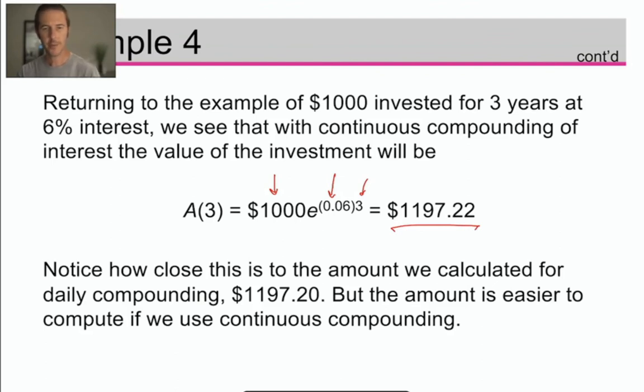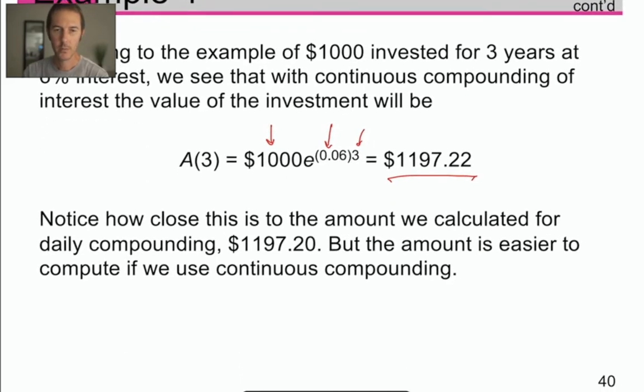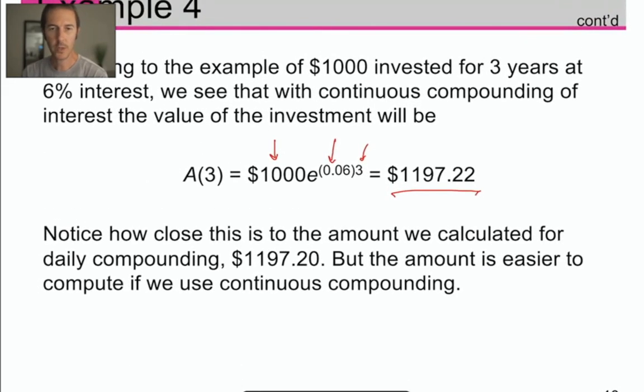How close to this is the amount that we calculated for daily compounding? Pretty darn close. But the process of using this formula for continuous compounding as opposed to having to plug in an n value of 365, much easier to just go all the way to continuous compounding instead of 365 days a year.